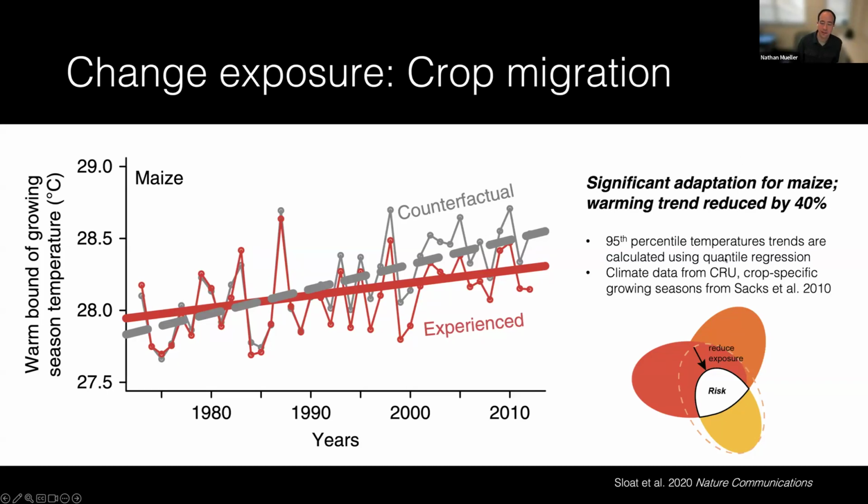And that doesn't mean there wasn't harm to those farmers that had to abandon their rain-fed maize systems and change into something else, but it does provide evidence that for the maize system globally, we do see some adaptation, some mitigation of risk from how the geography of maize is changing.